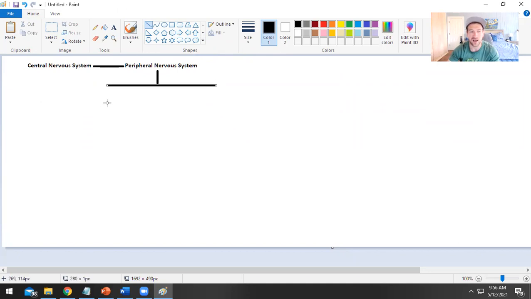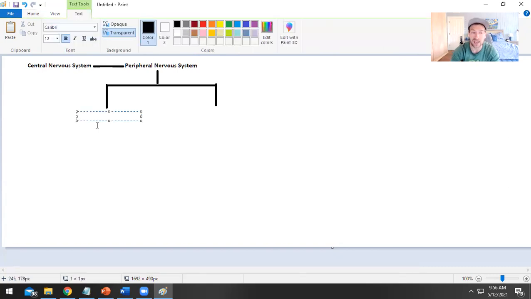It's going to divide down into the two types of actions that you have. It is going to divide into your somatic actions, which are voluntary actions.